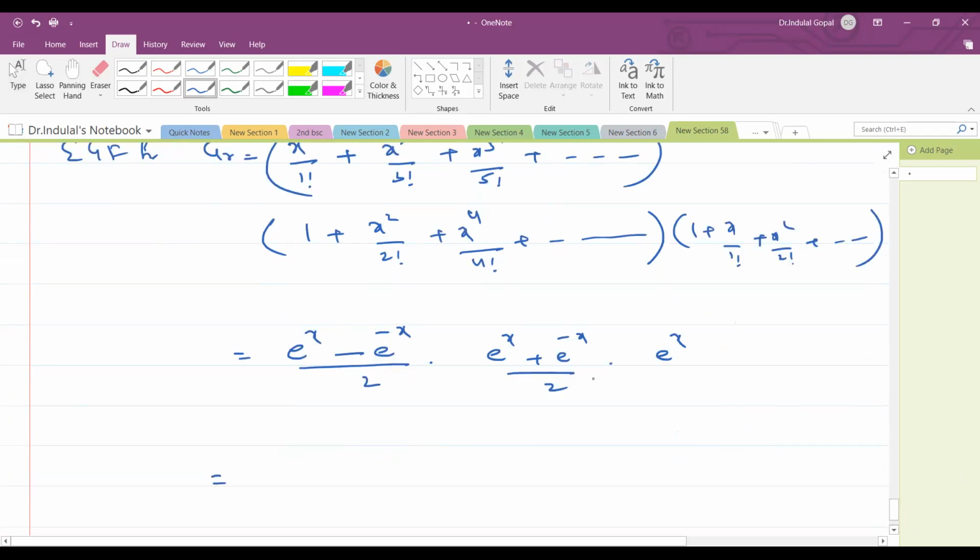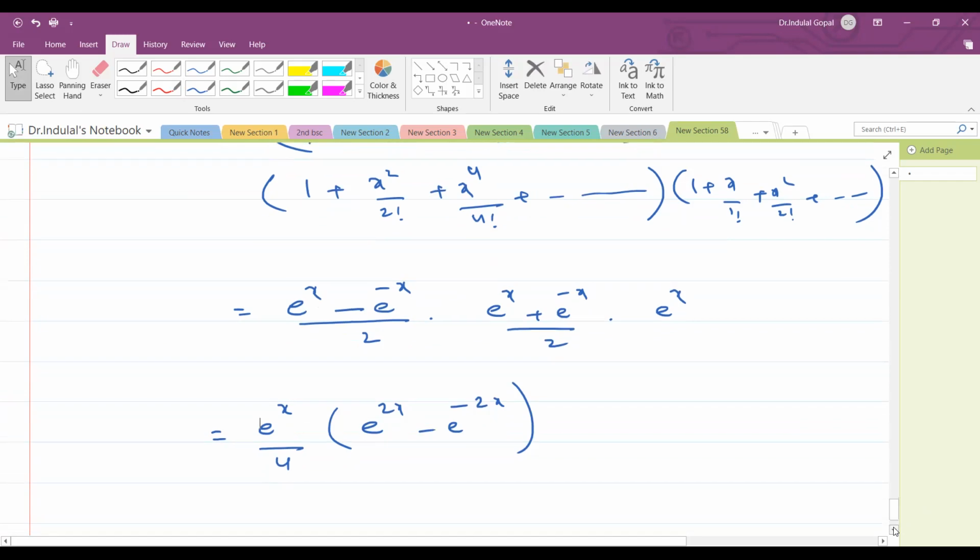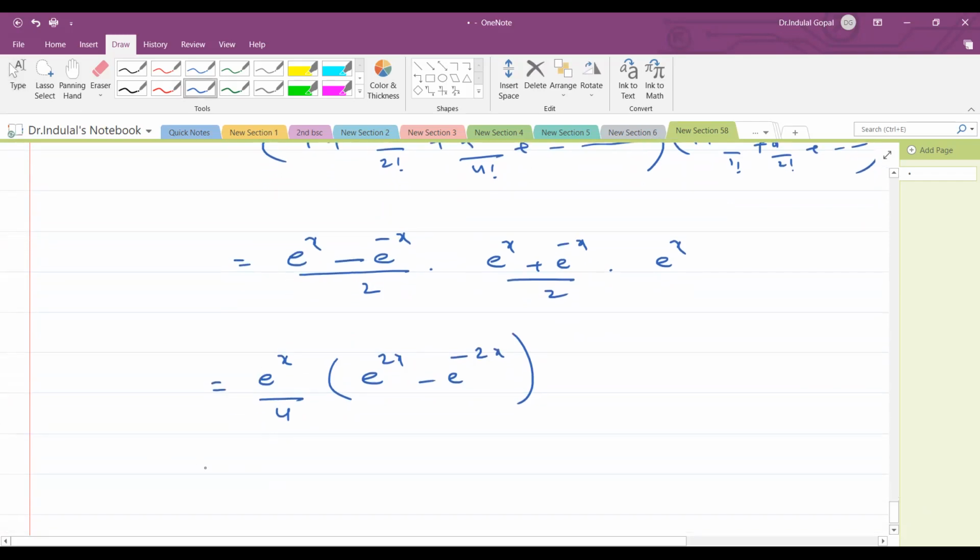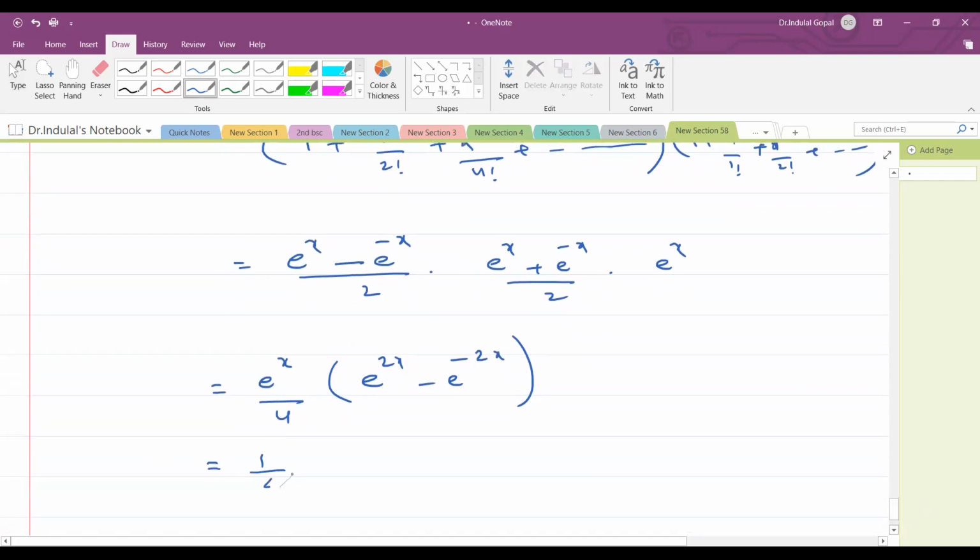Therefore, this is e raised to x by 4 into the product (e raised to x plus e raised to minus x)(e raised to x minus e raised to minus x), a plus b into a minus b, that is e raised to 2x minus e raised to minus 2x. So this is equal to 1 by 4 times (e raised to 3x minus e raised to x).